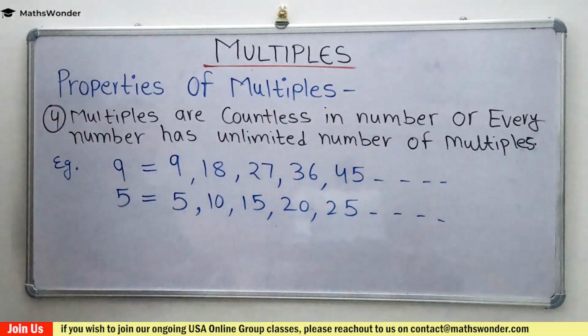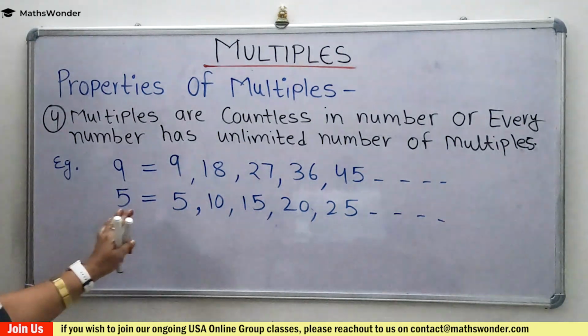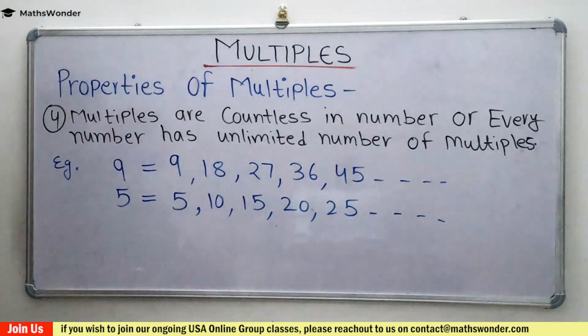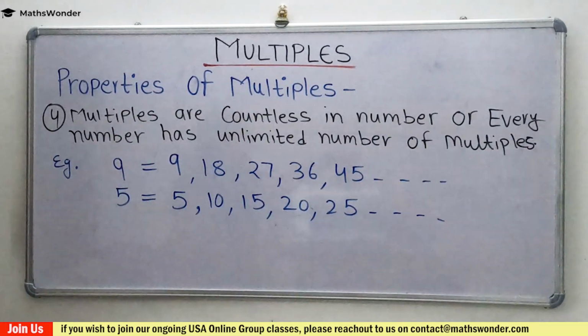You can see it in the example. 9, there is no end. If you find the multiples of 9, there is no end. You find the multiples of 5, there is no end. Okay? Shivani? Yeah, okay. There is no end.